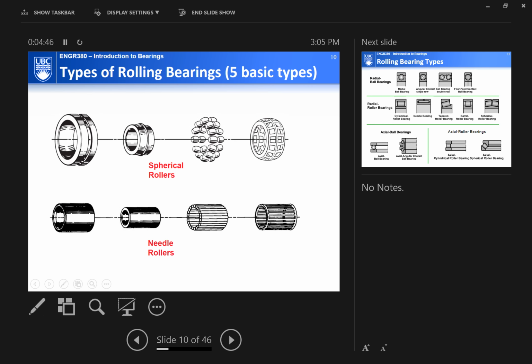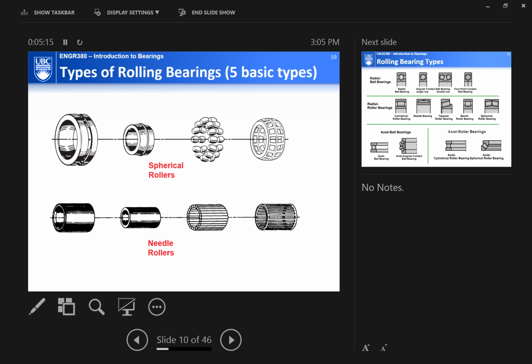And then you also have the so-called spherical roller. If you enlarge the surface of the roller, that surface is actually part of a spherical surface. Okay, so that's why it's called a spherical roller. And the last one here is a needle roller. Essentially it's a cylindrical form, but very narrow, very thin, like a needle.